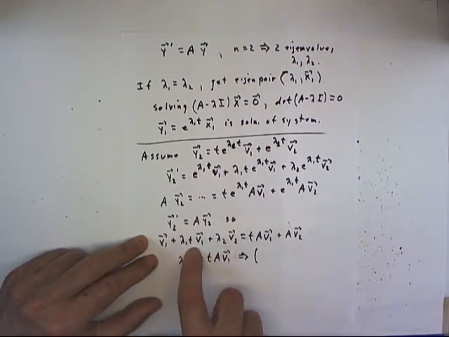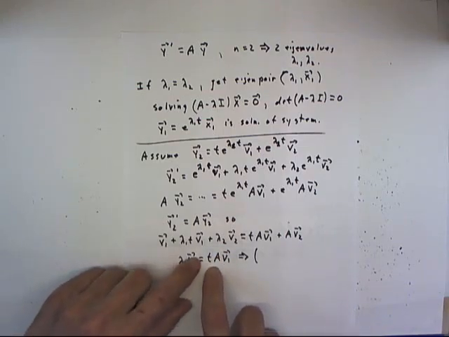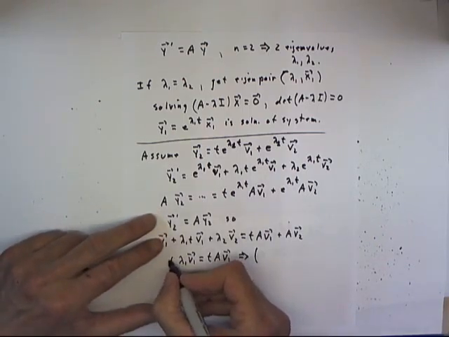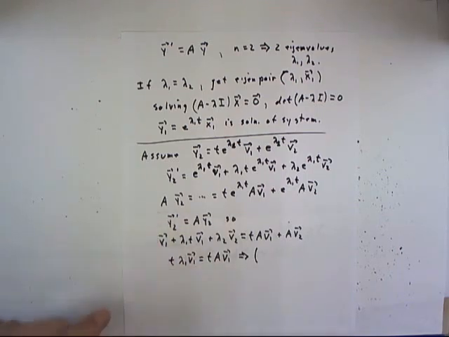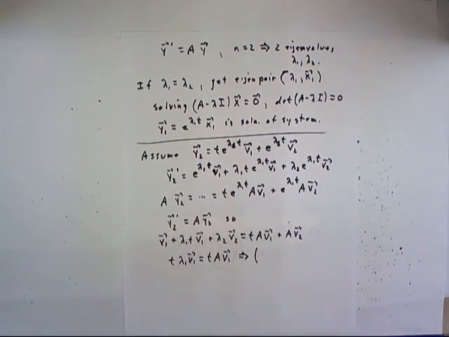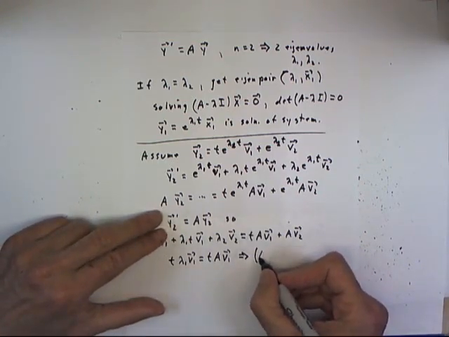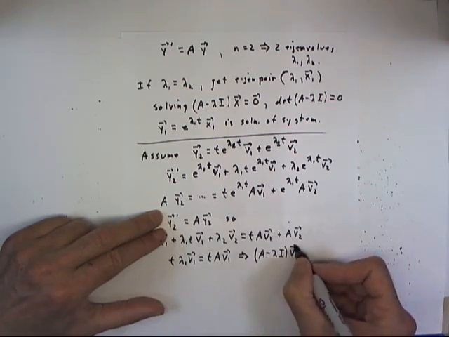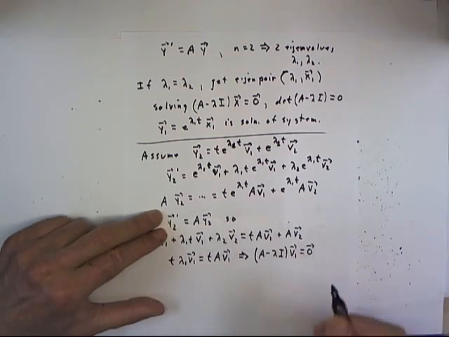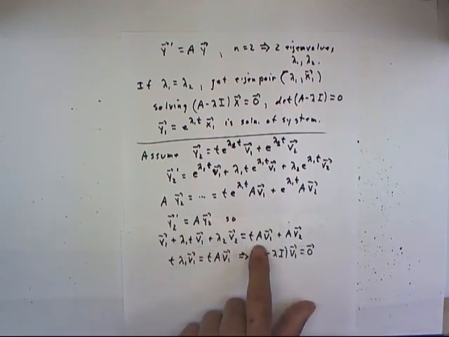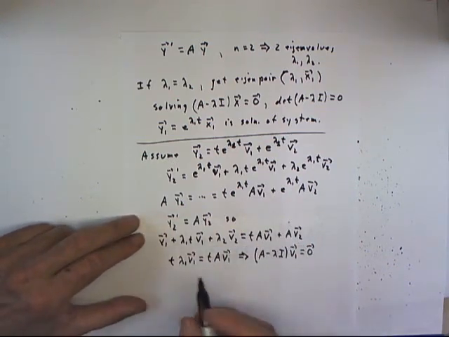I'm just going to write the t here. It's out of order, but that won't hurt anything. If we divide by t and bring everything to the same side, this becomes A minus lambda 1 I times v1 equals 0.